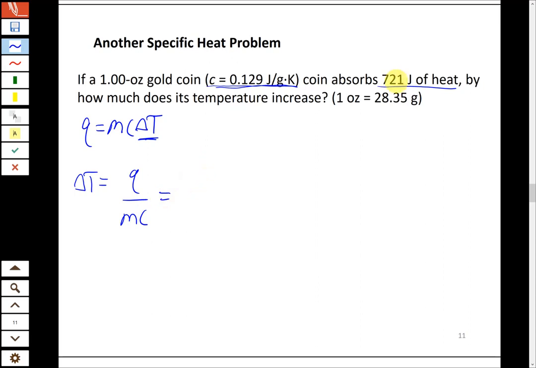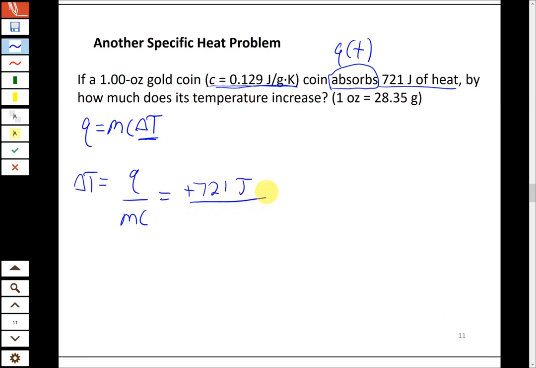The Q, it's absorbing 721, and this is where we have to pay attention to terminology a little bit. Absorb, that means that Q is positive, right? Because our delta T could be positive or negative depending on whether the heat is absorbed or released. Absorbing means that Q is positive, so we don't want to put any negative sign in front. That's just 721 joules is Q, positive number.